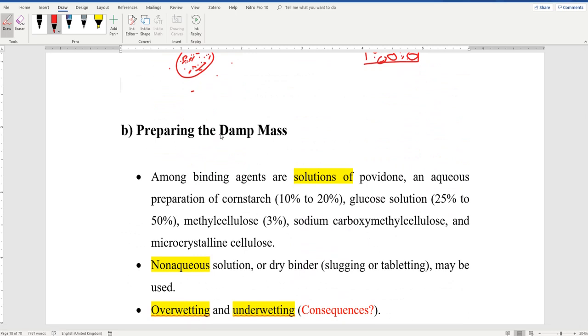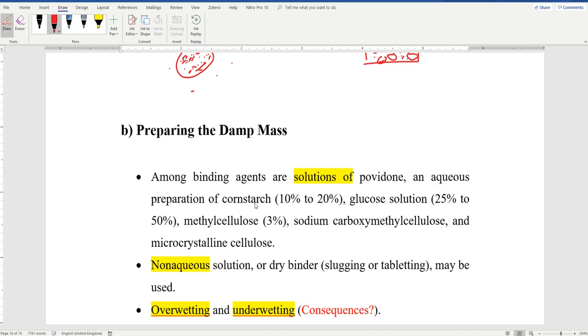Okay, preparing the damp mass. Here I need to dissolve the binder, usually in water, as most liquids that we use to prepare the wet mass are based on water. So we dissolve, for example, povidone, and povidone is polyvinyl pyrrolidone.